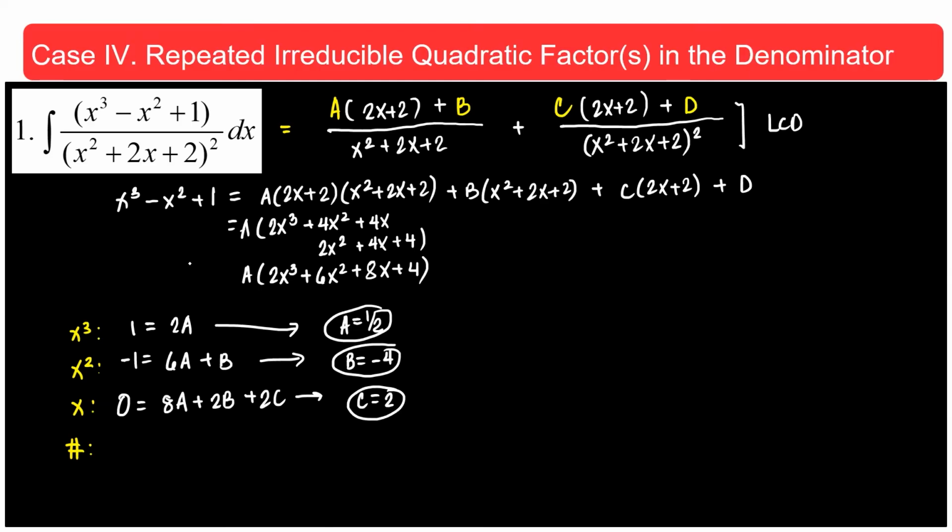All right. Lastly, for the numbers, 1 is equal to 4a. There's a number for b, yes, 2b. There's a number for c, 2c. There's d. So, it's hard. It's going to be 2 minus 4 plus 4d. 4 and 4 cancel out.